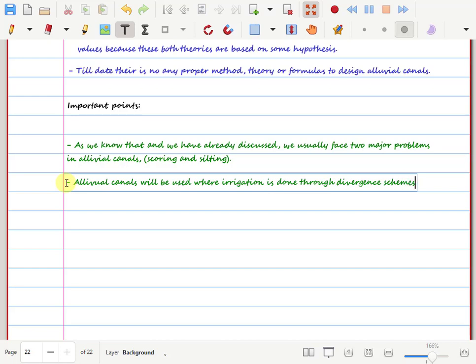Got it? Let's take an example. For example, a river, divergence of water for crops.